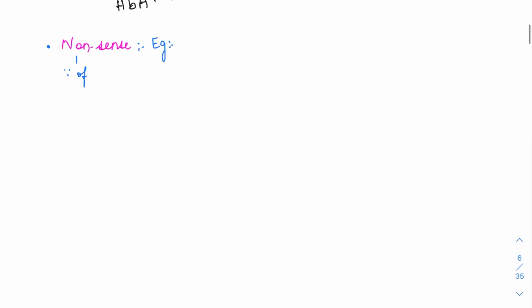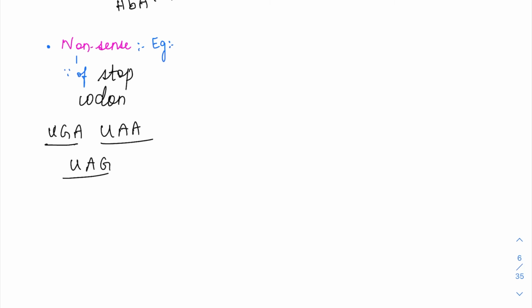So coming to nonsense mutation, with the substitution of a nucleotide, there is going to be formation of a stop codon. Stop codons are usually the UGA sequence, UAA sequence, or UAG sequence. If any nucleotide is inserted or changed and that results in the formation of one of these stop codons, it results in premature stopping of the protein.